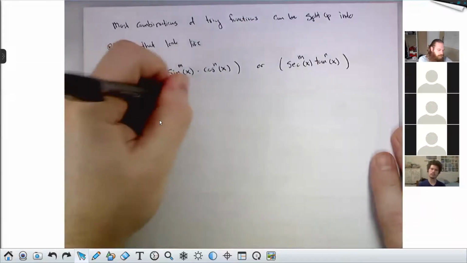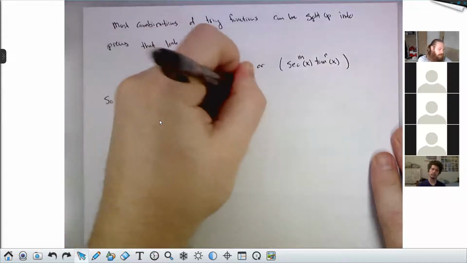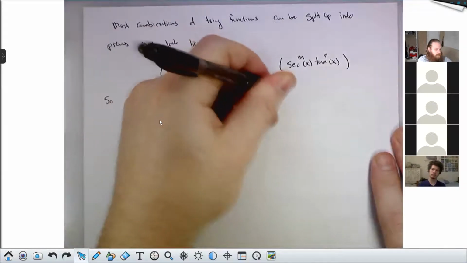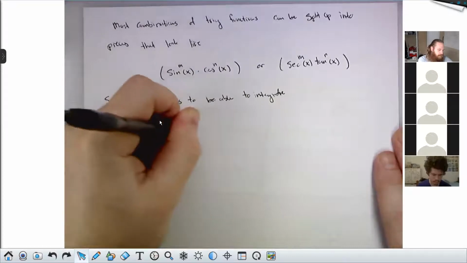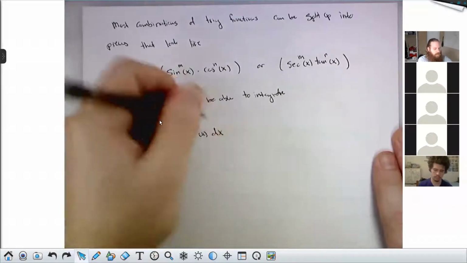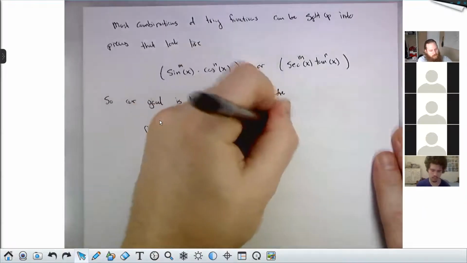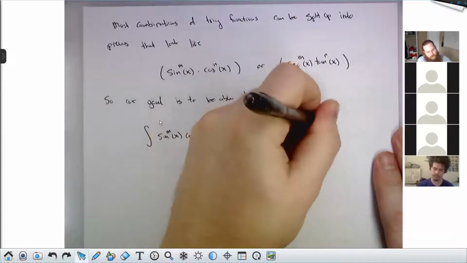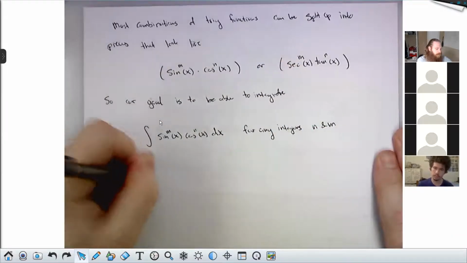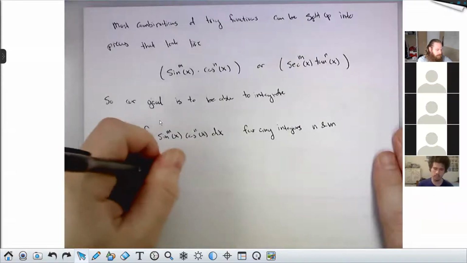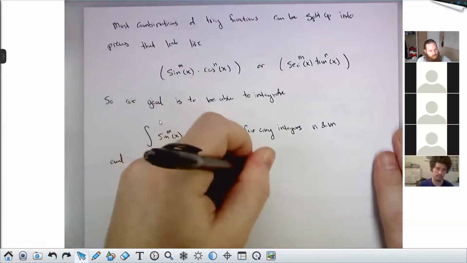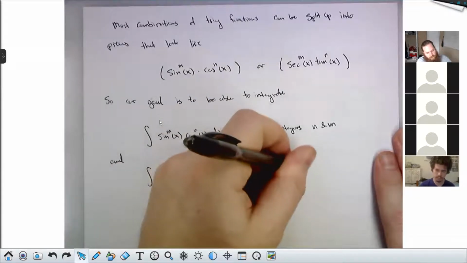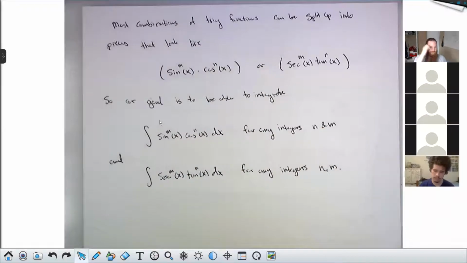So our goal is to be able to integrate things that look like sine to the m of x times cos to the n of x dx for any integers n and m, and secant to the m times tangent to the n x, again for any integers n and m. If you can do that, then you can do pretty much any trig integral.